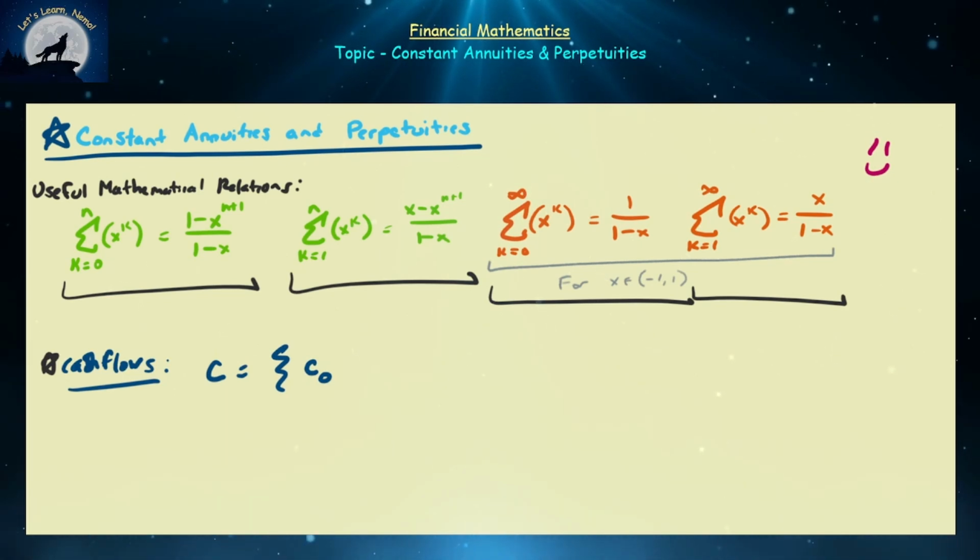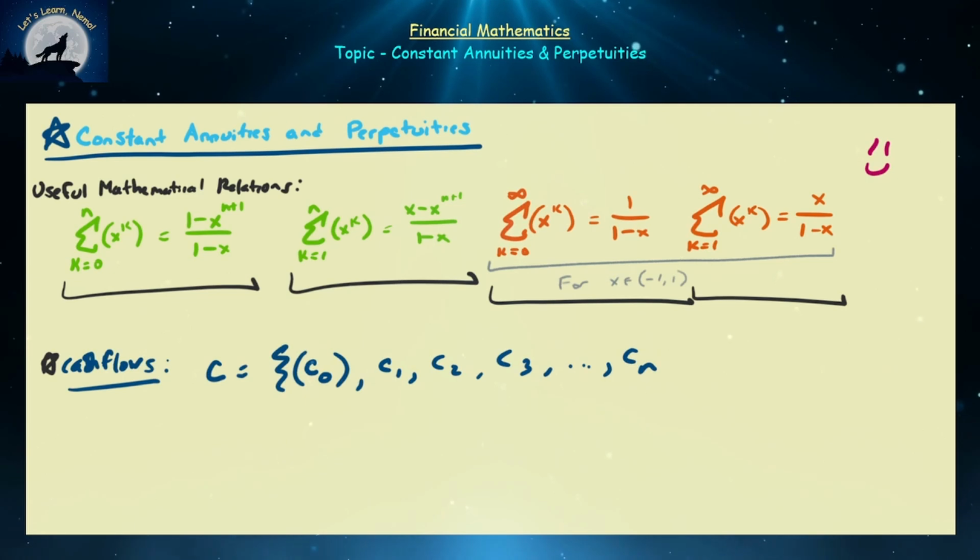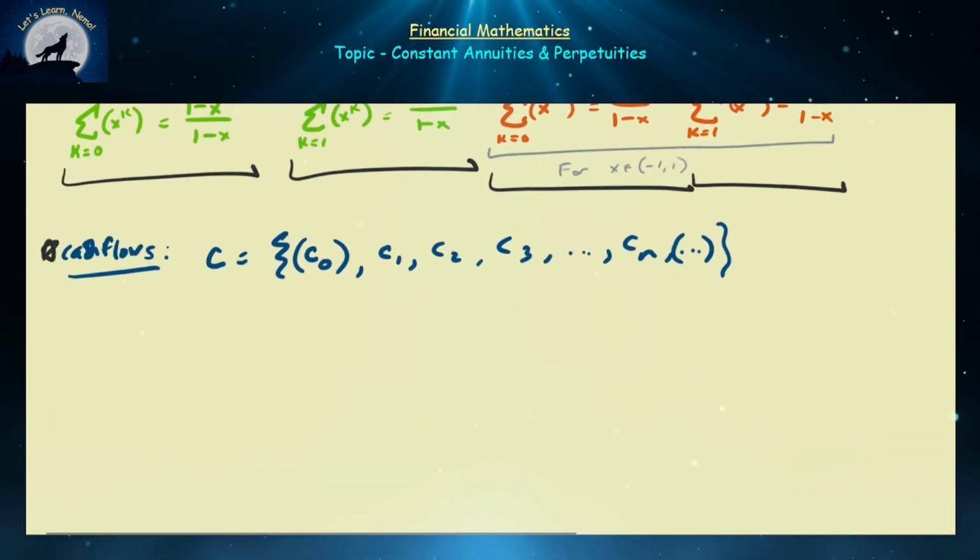Not common, but it is definitely possible, and another payment at C1, C2, C3, and so on, all the way up to Cn if it is finite, but it technically could be an infinite sequence of payments. I'm just putting that in parentheses, since it is not necessary in all particular cash flows. So let me give you a brief sequence of terminology that we're going to be using.